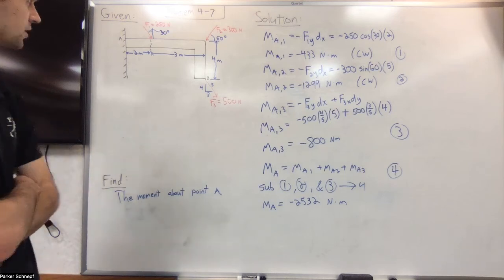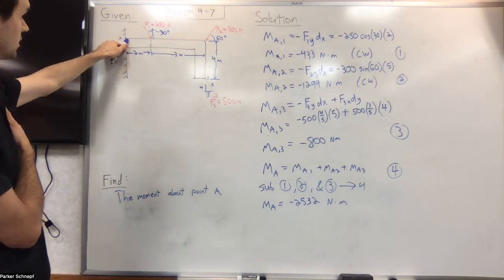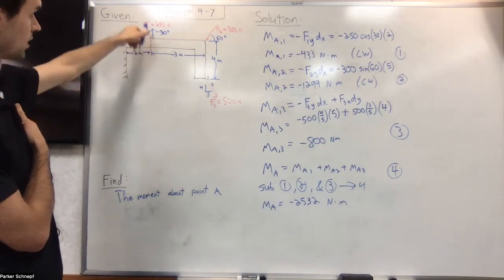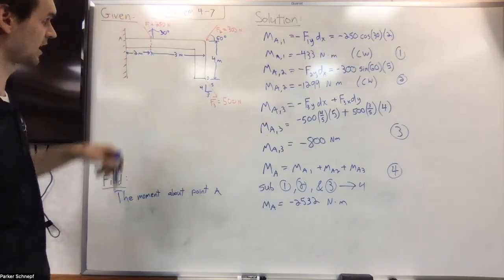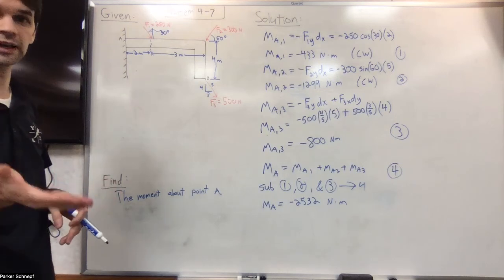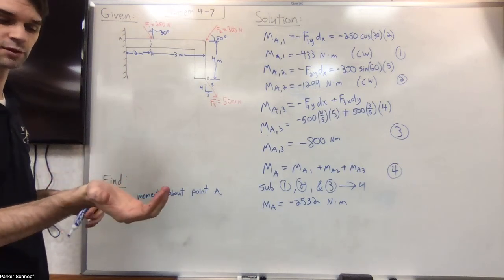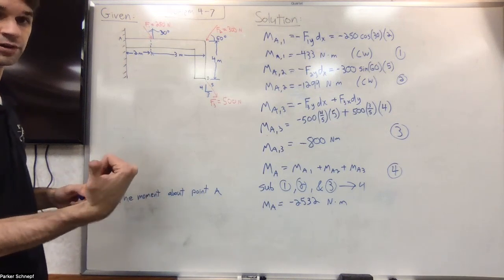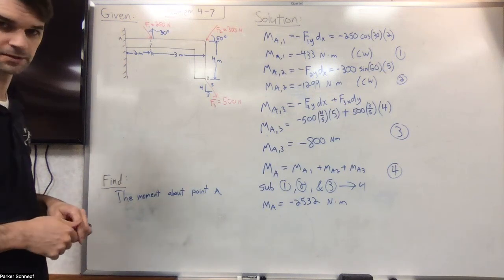And that distance always goes from the point you're rotating about to the line where the force is acting along. And then you use the right-hand rule to determine if the moment is positive, going in a counterclockwise direction, or if it's negative and going in a clockwise direction.